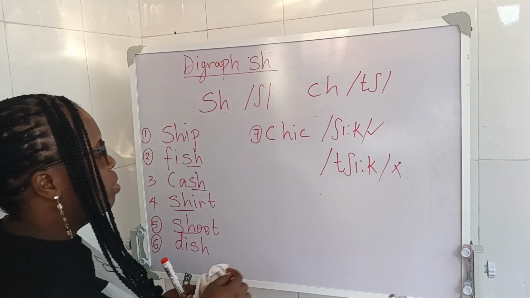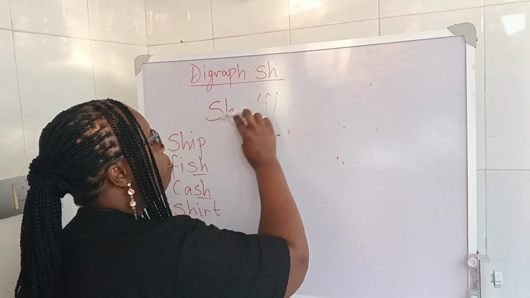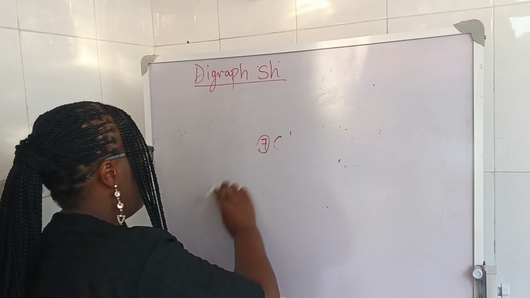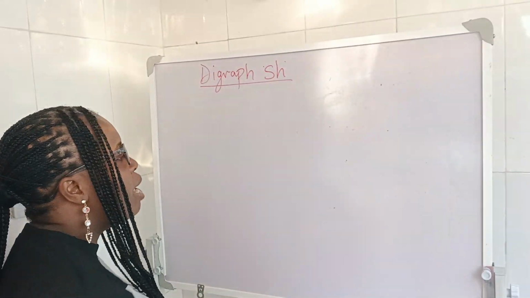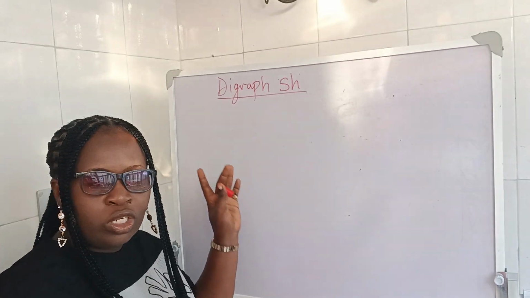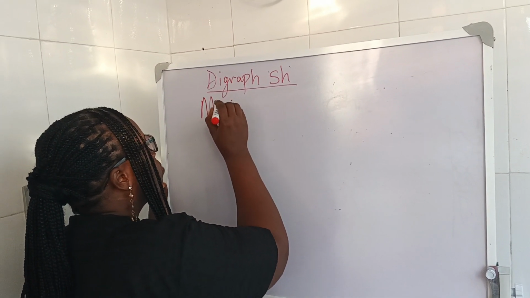Are you hearing? Now let's look at the minimal pairs. The minimal pairs for these two sounds. What are the minimal pairs for these two sounds? When I talk of the contrast between the two of them, this is minimal.